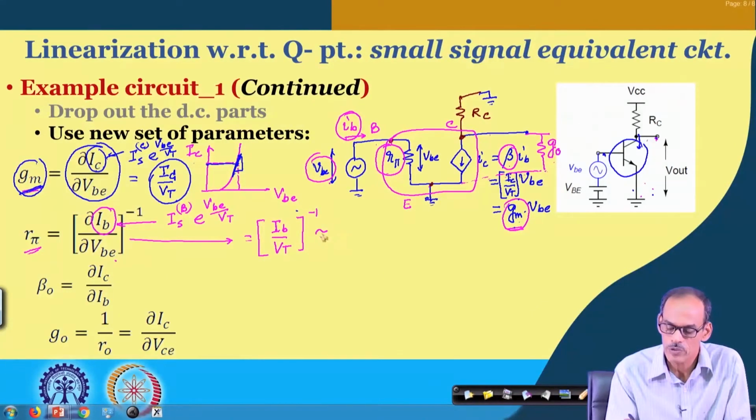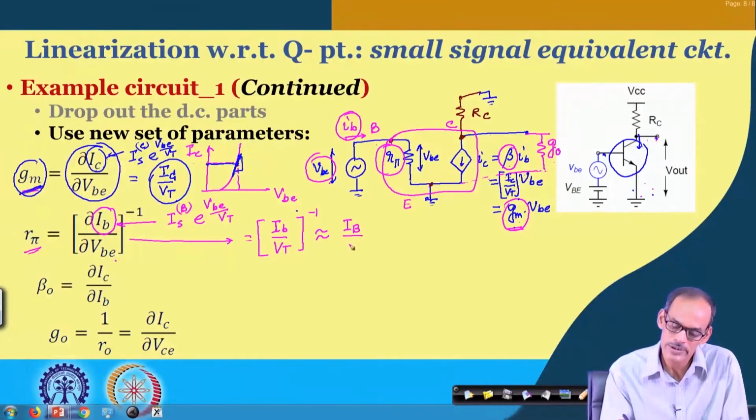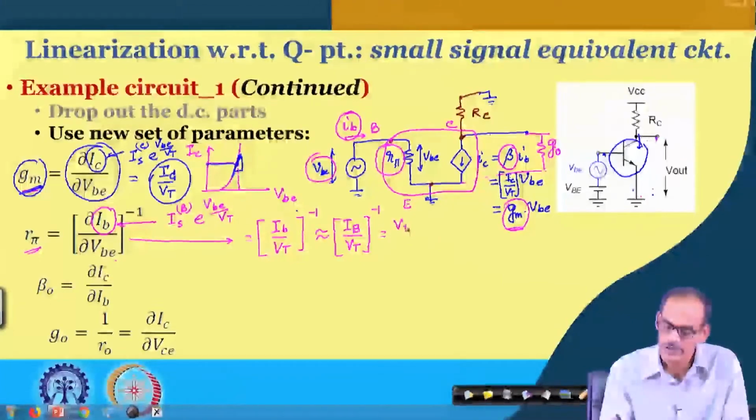Then we may approximate this IB with respect to the Q point. So, we can say that this is capital IB divided by VT, inverse. So, depending on this IB, of course, the value of this resistance will vary.